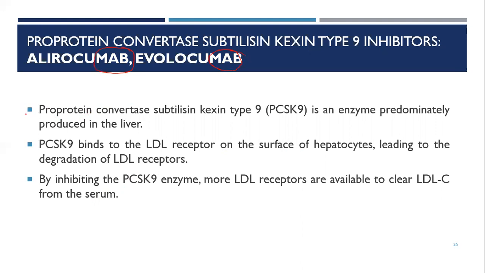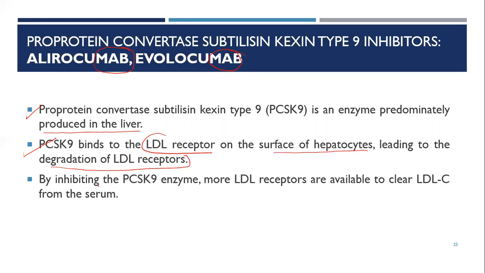Proprotein convertase subtilisin kexin type 9 is an enzyme which is predominantly produced in the liver. This enzyme binds to the LDL receptor on the surface of the hepatocytes, which leads to the degradation of the LDL receptors.